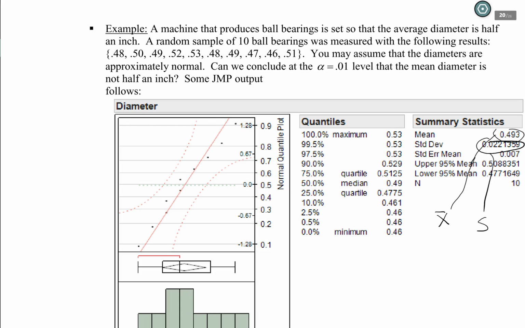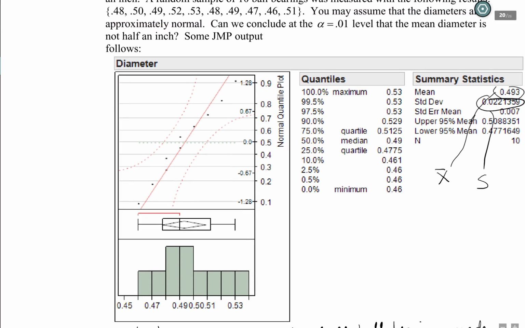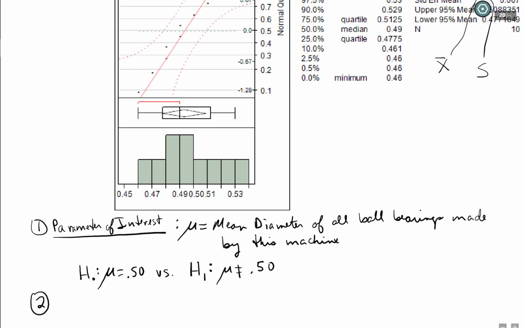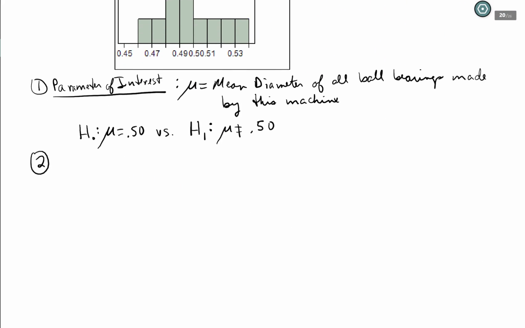I've got a statement in here that says you may assume that ball bearings are approximately normal, but if we want to go a little bit further, we could actually look at the QQ plot here in JMP, and given that it's fairly linear, that supports the assumption of normality. Okay, so we're going to go along with that assumption, and hence along with that t test statistic.